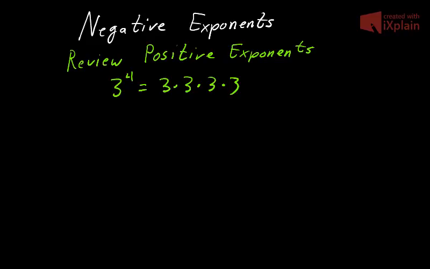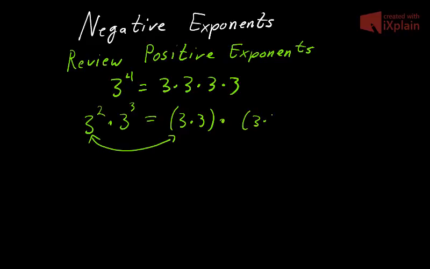We've also learned that we can do some things with these. So if I have something like 3 to the power of 2 times 3 to the power of 3, it's going to equal 3 times 3 here, which is 3 to the power of 2, times 3 times 3 times 3, which of course is 3 to the power of 3.